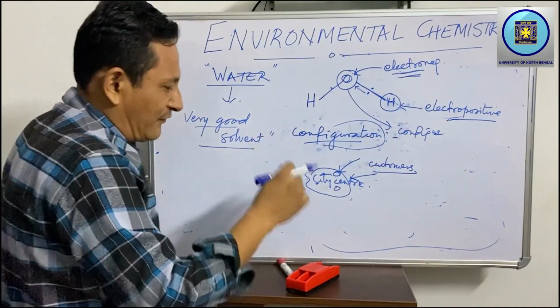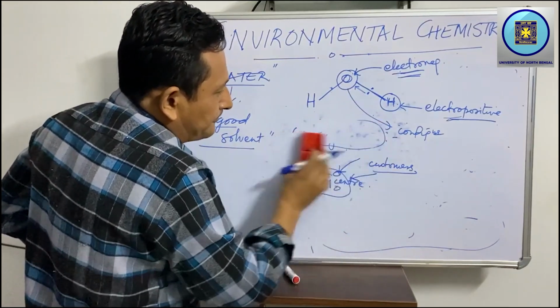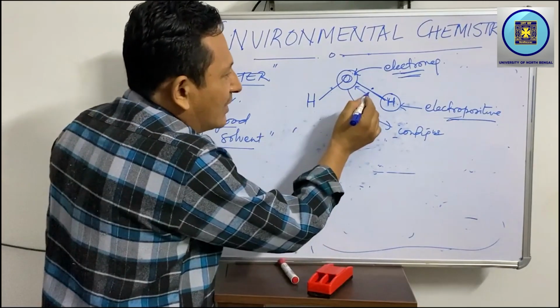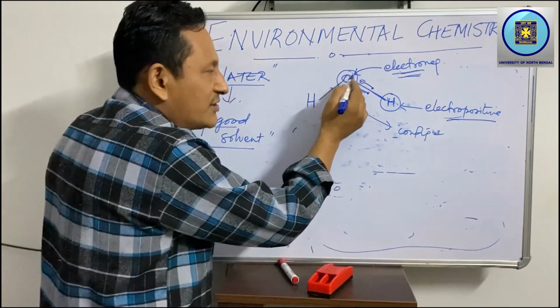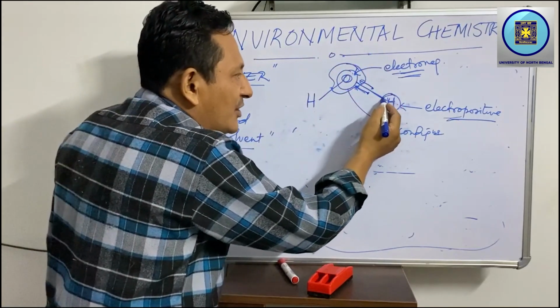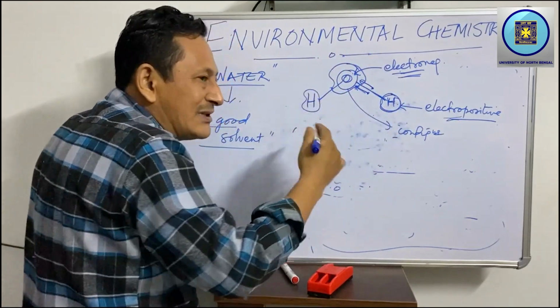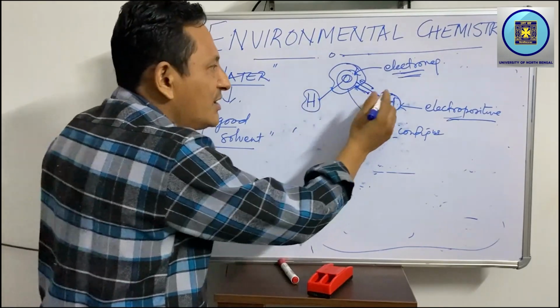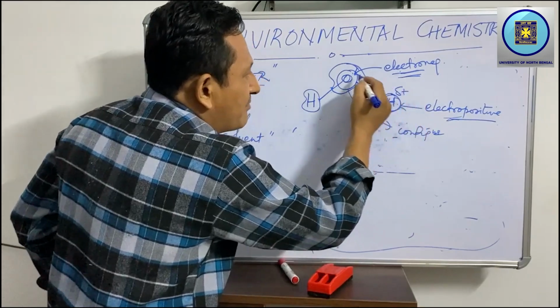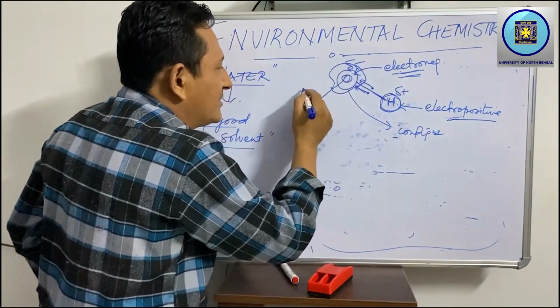Correct? Okay, fine. So when this happens, what we have is the electrons getting pulled towards oxygen. So there is an electron density which is in excess and an electron density which is deficient on these atoms. In chemistry we usually designate them as del plus and del minus.